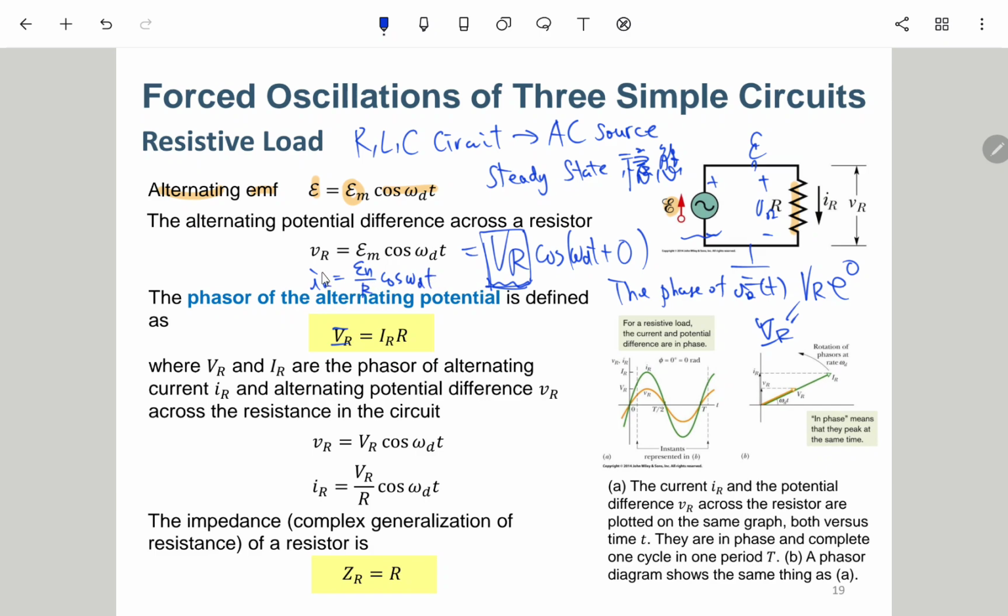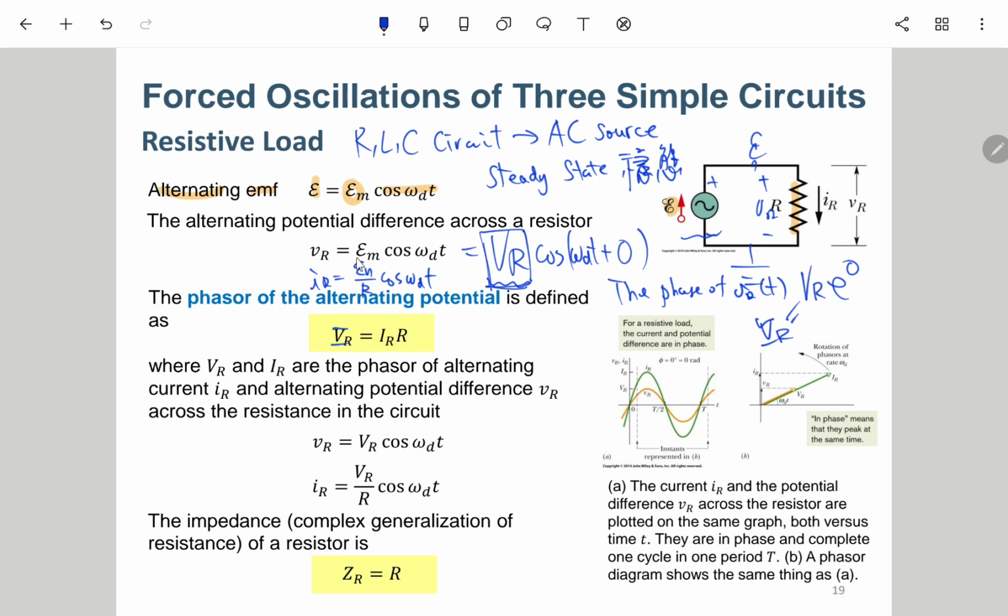Okay, so this is the current. The current as a time function will be V R over capital R. So it becomes EM over R times cosine omega dt. Okay, so here we just want to consider the complex amplitude, or the phasor, to be V R equals I R times R. Okay?